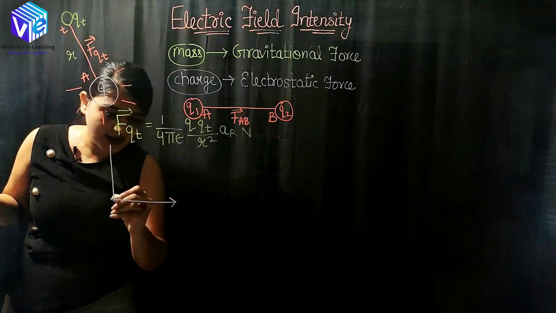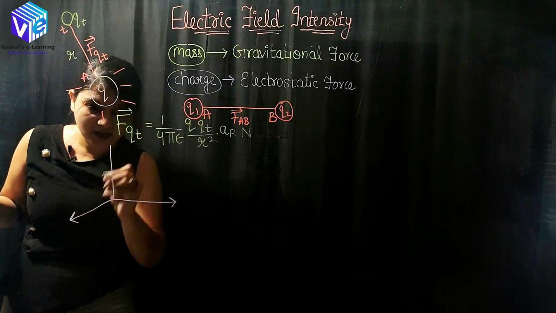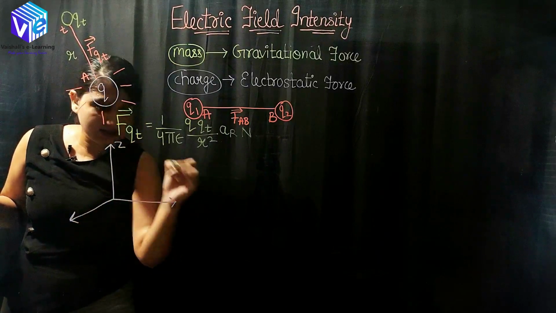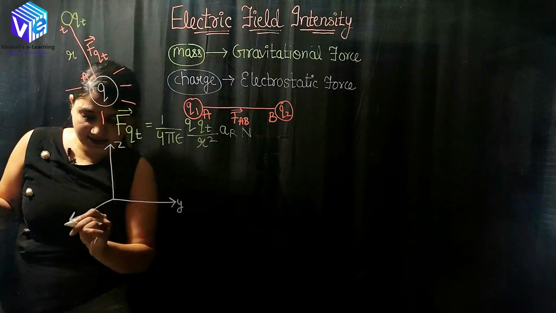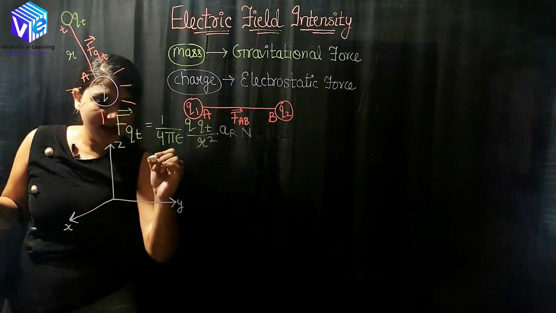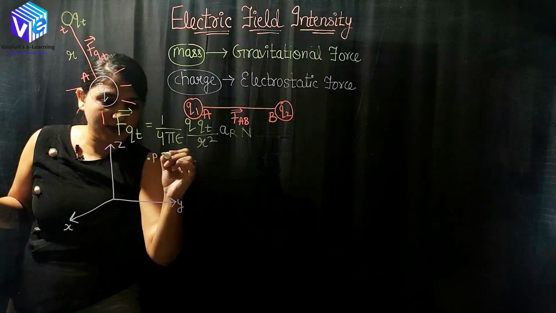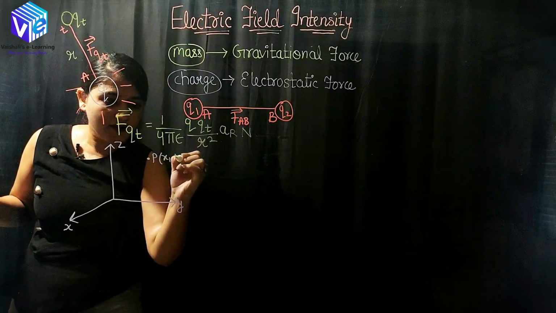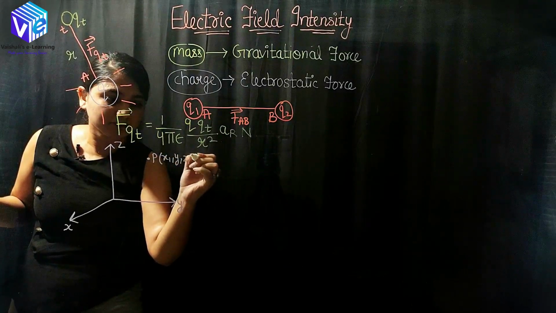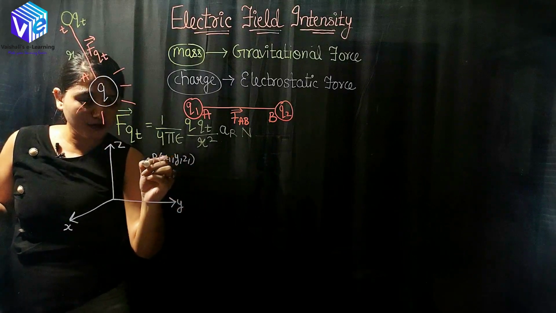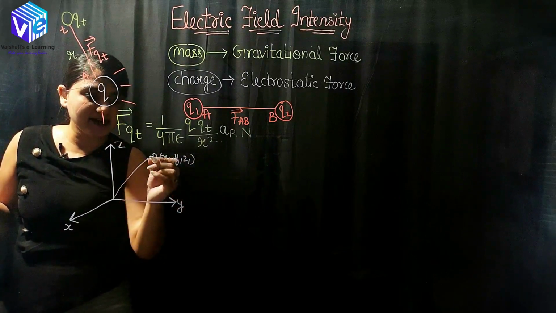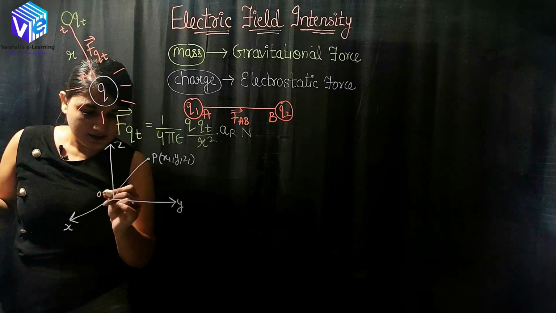Now suppose we have a 3D coordinate system. This is my z-axis, this is my y-axis, and this is my x-axis. Here I have some point P with coordinates x1, y1 and z1. Now I need to compute the electric field intensity at this point.